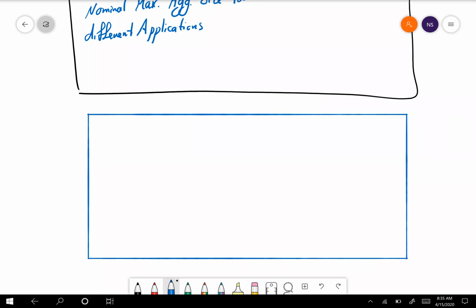This will be the bulk volume of dry rodded coarse aggregates. I hope you remember this one, the dry rodded bulk volume that we did in the lab, and we also covered in the class.